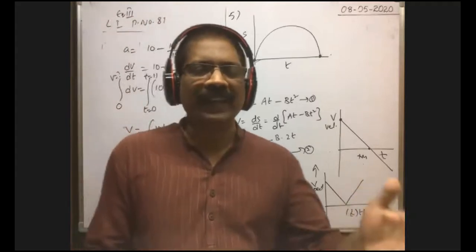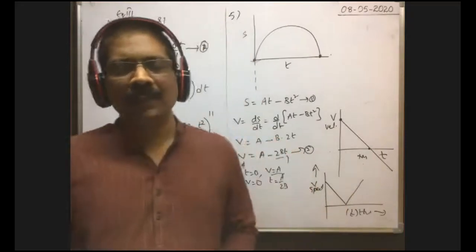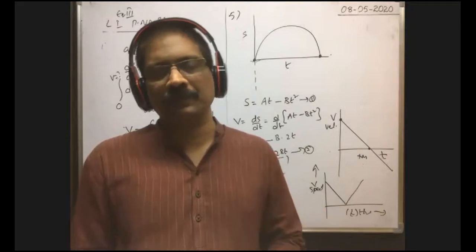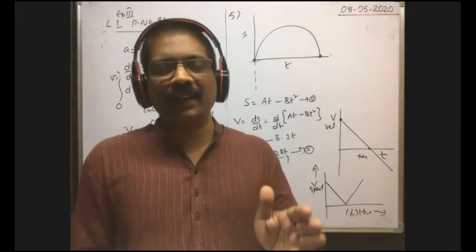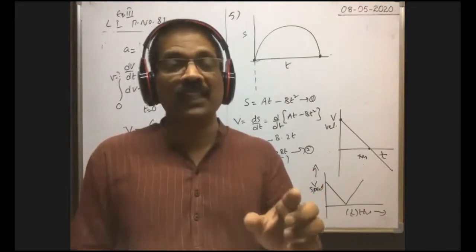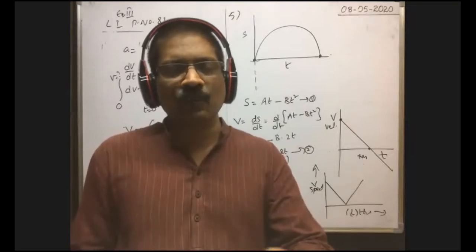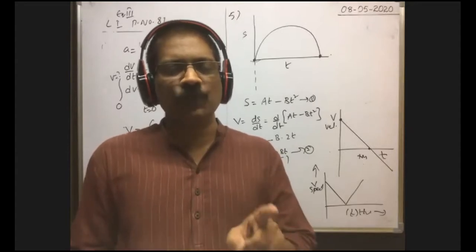If you find the area under that acceleration displacement graph, what does it give? Tell me. Area under the acceleration displacement graph is equal to A into S, that means the average value of AS. An equation of motion involves the AS value: V square minus U square is equal to 2AS.